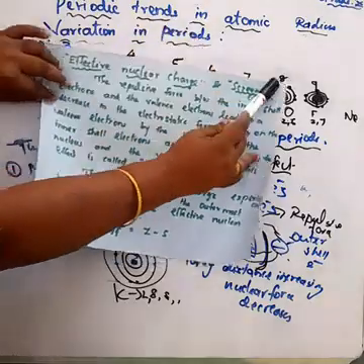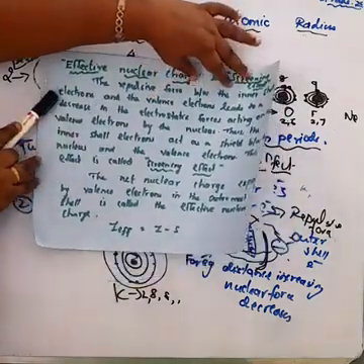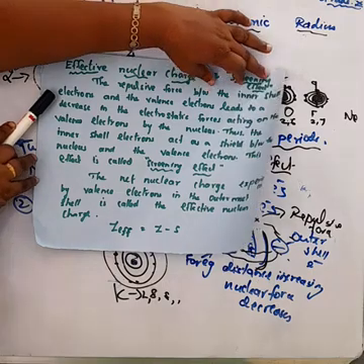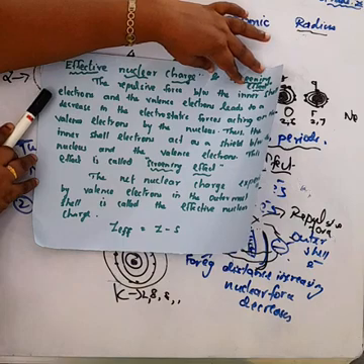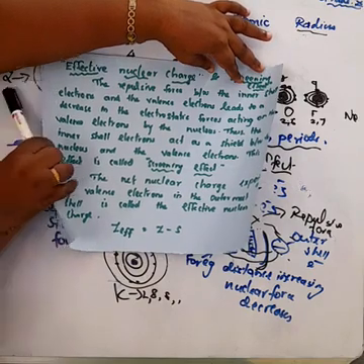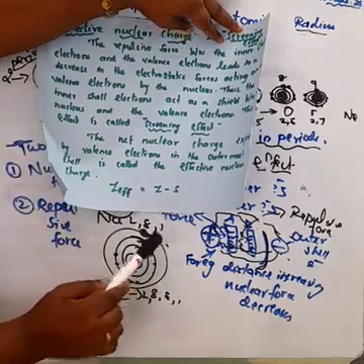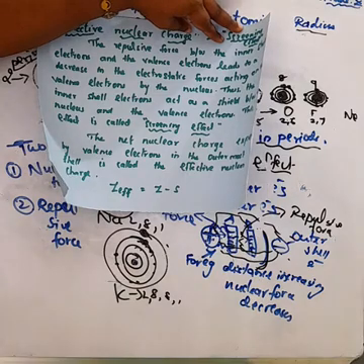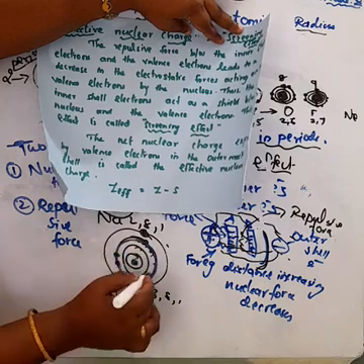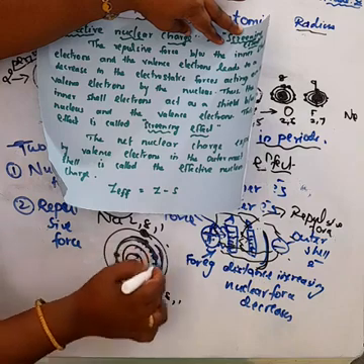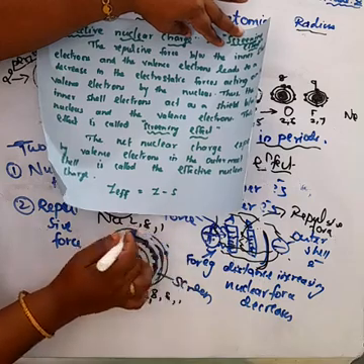The nucleus exerts an electrostatic force of attraction, that is the effective nuclear charge, upon the electron, but here the inner electrons act as a screen or shield and repel the valence electron, so the electrostatic attractive force is very low.